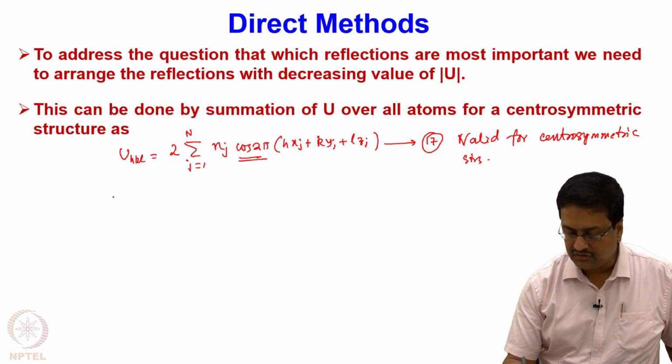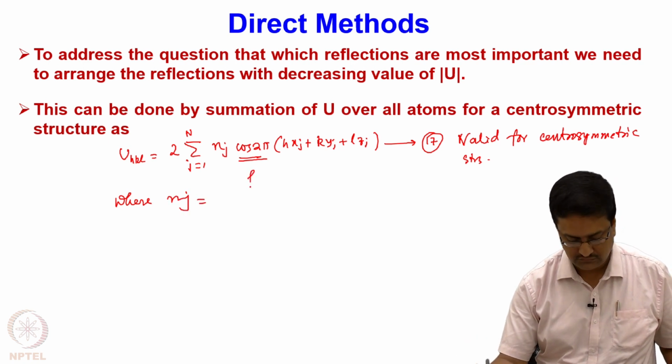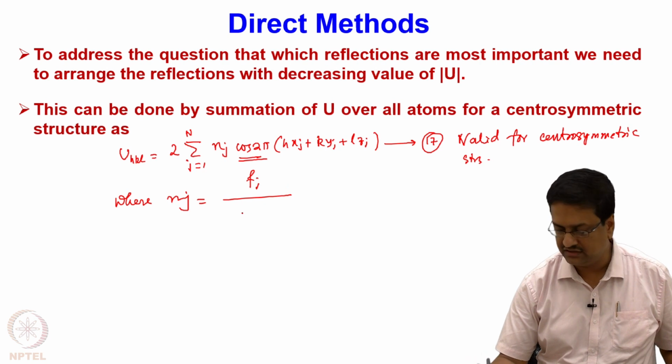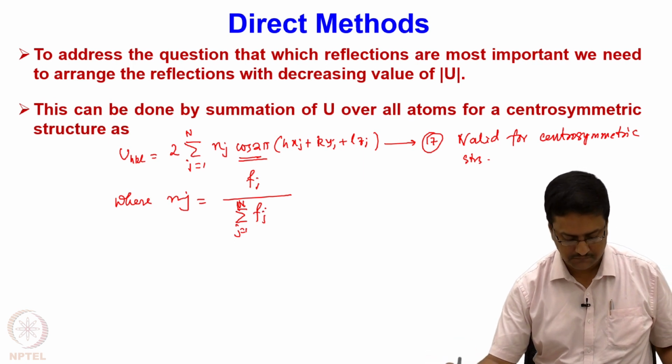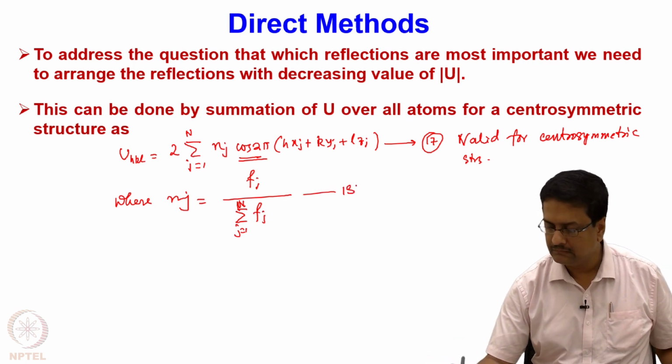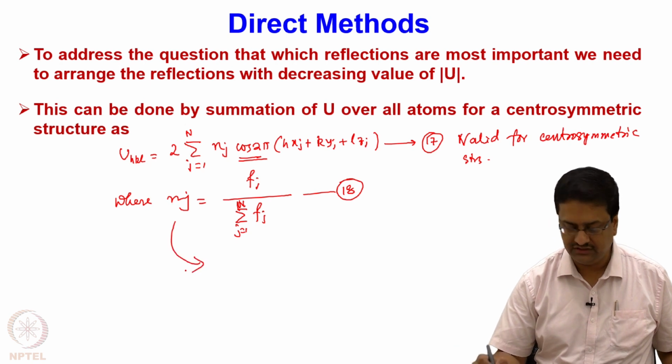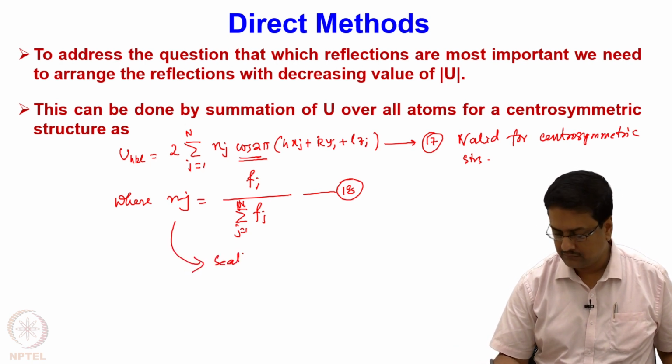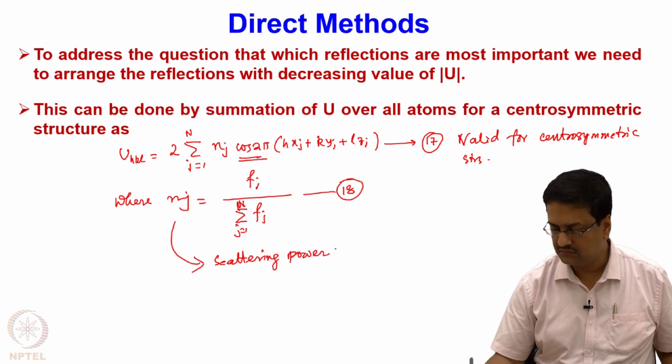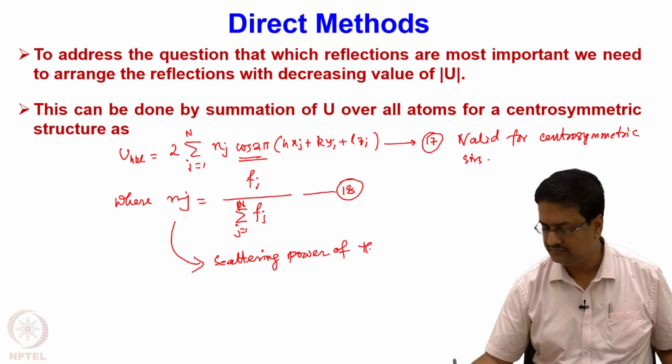where we can also write Nj is equal to Fj divided by sum over j equal to 1 to n Fj. So, this is the scattering power of the jth atom.